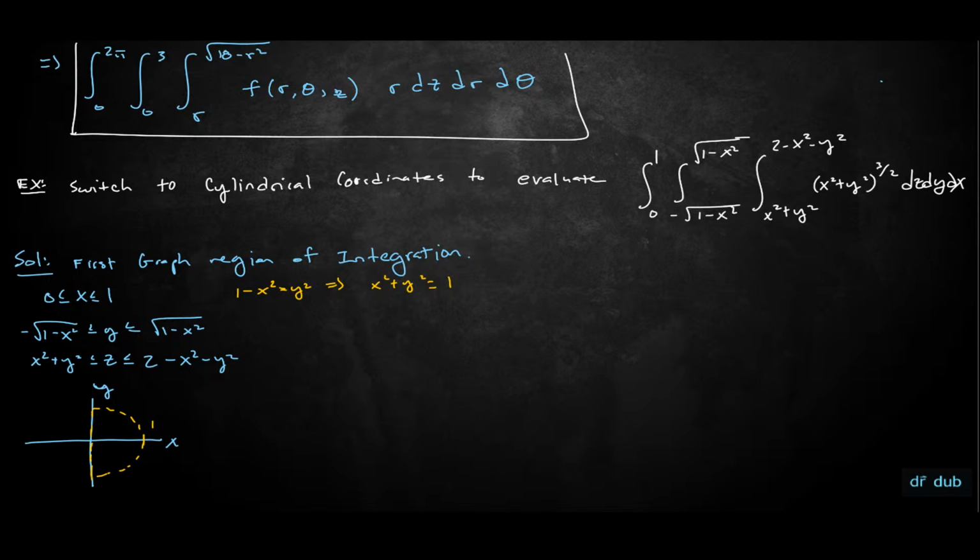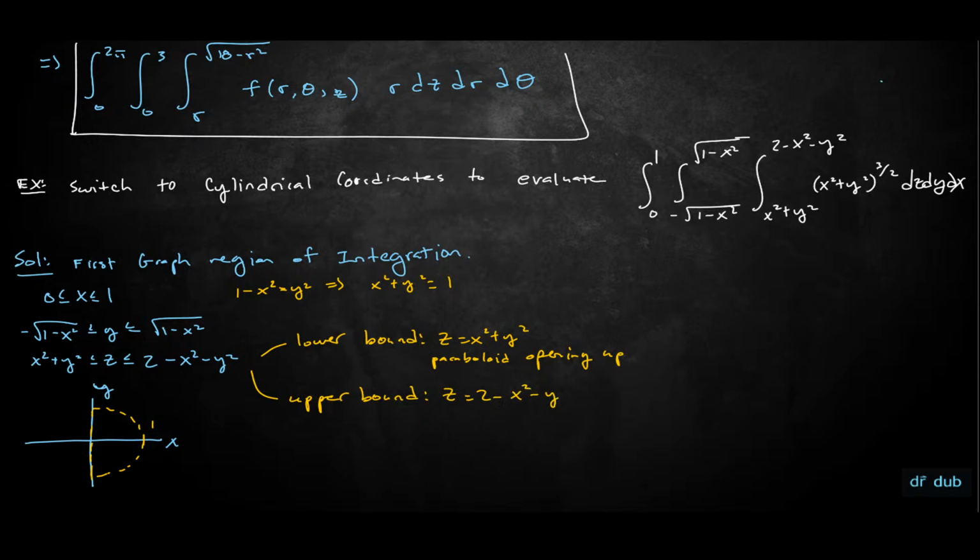And now let's look in the z direction. So the lower bound for z is z equals x squared plus y squared. And we know that is a paraboloid opening up. And the upper bound in the z direction is z equals 2 minus x squared minus y squared.